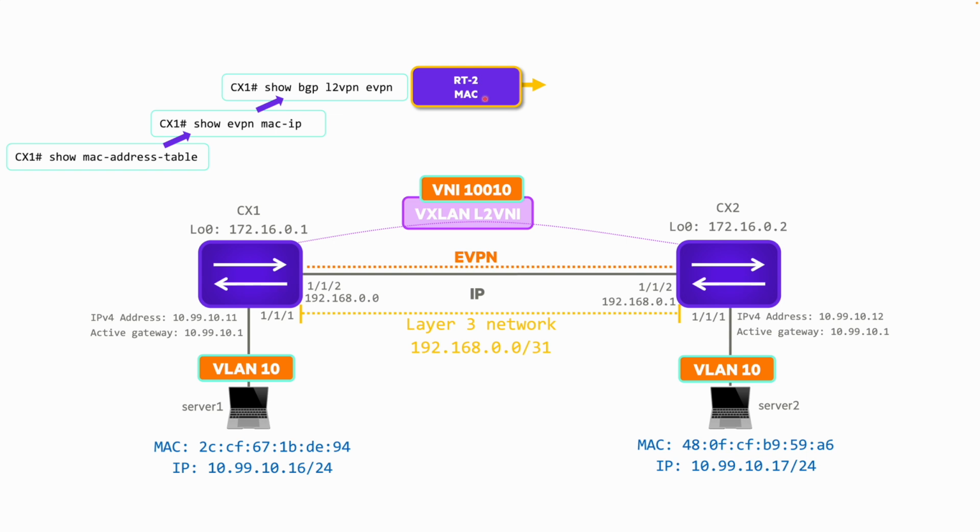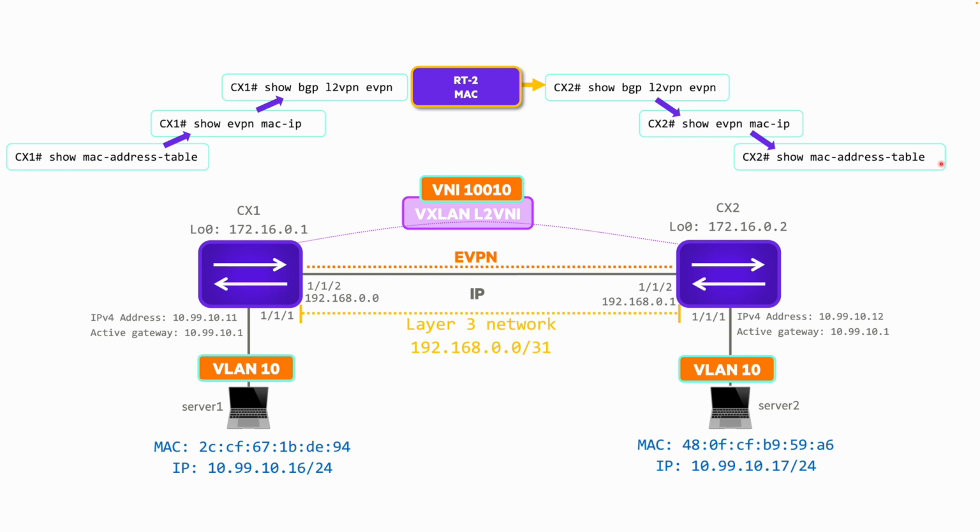If you're doing an L2 only, it will be a MAC. If you've got an IP address in that broadcast domain and you've got an ARP table entry, that will be a MAC and IP. That will be sent over to, in this case, CX2. So that RT2 will go into the BGP table. Then you've got the EVPN table, and then finally you've got the show MAC address table for remote learning.